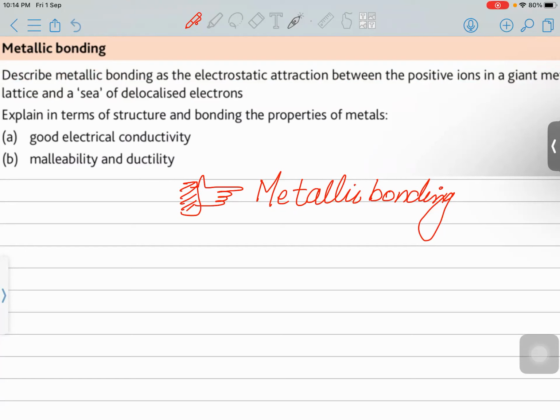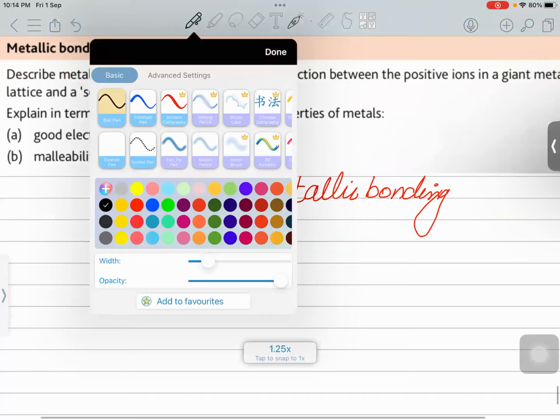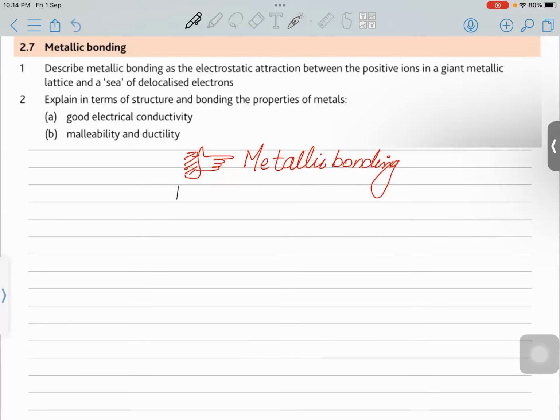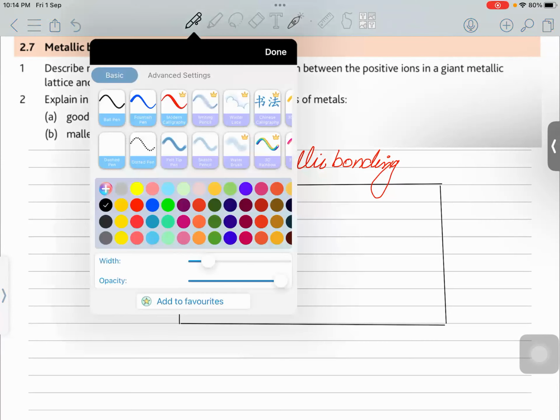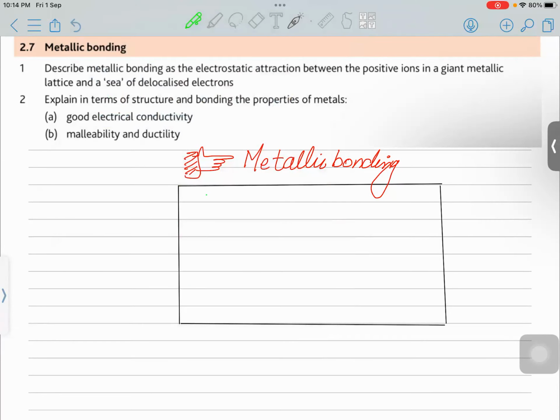Now let's start with metals, right? Basically, all metals have metallic bonding, and the metallic bonding is very, very strong. That's why all metals have high melting and boiling points. Now, look at this structure, right?